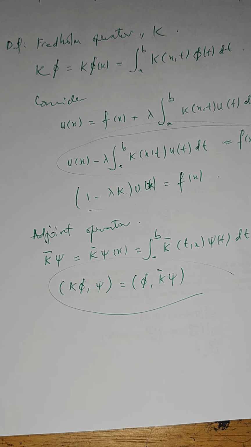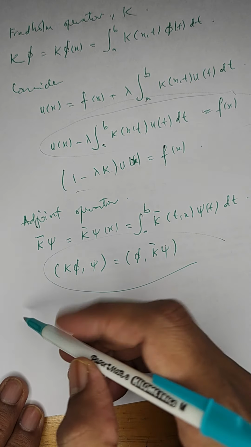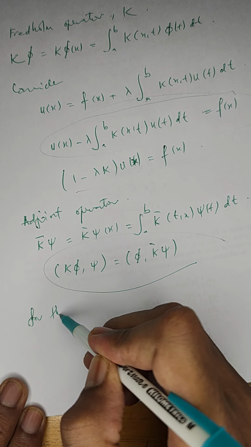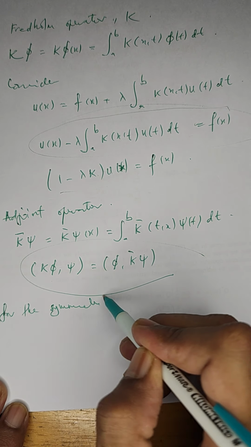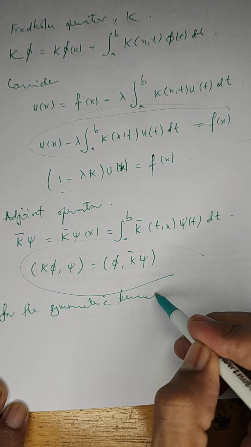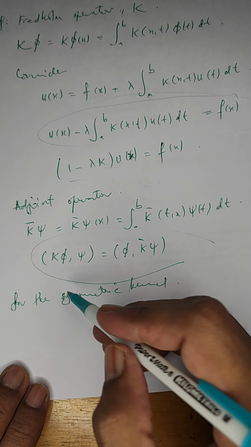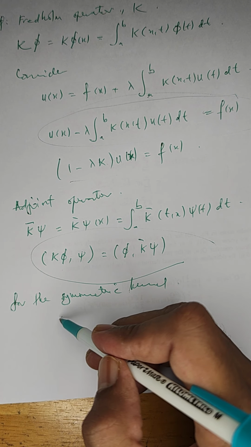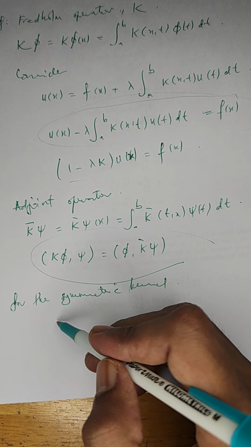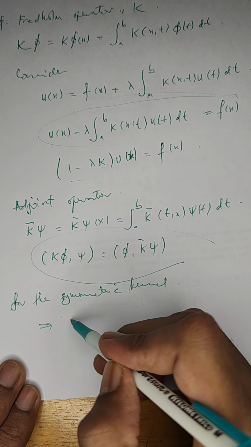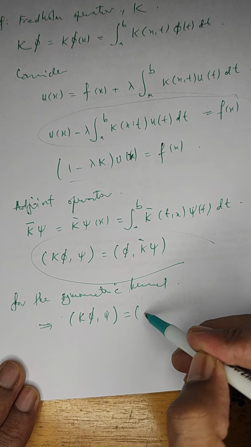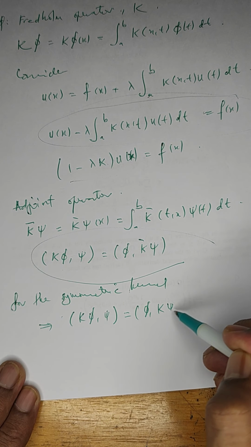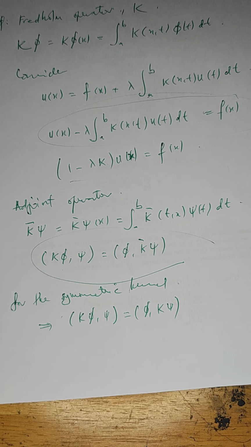And then for the symmetric kernel, we have a relationship between the Fredholm operator and the adjoint operator. We have the inner product of K phi and psi equal to the inner product of phi and K psi.